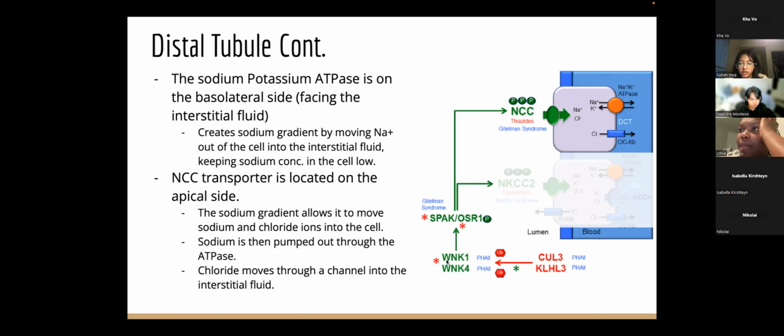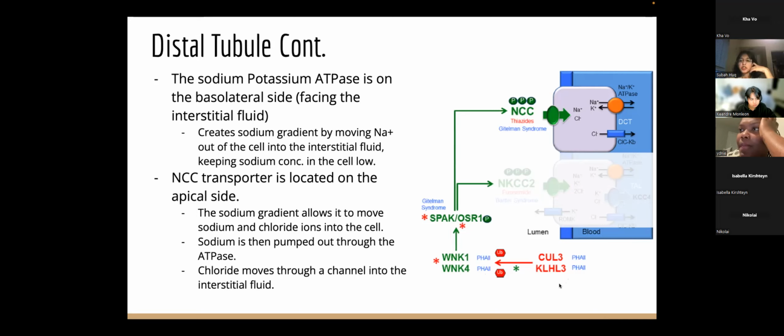So we have the kinases WNK, they can phosphorylate SPAK and OSR1, that activates them, and then they go and activate NCC, and that would increase salt reabsorption.